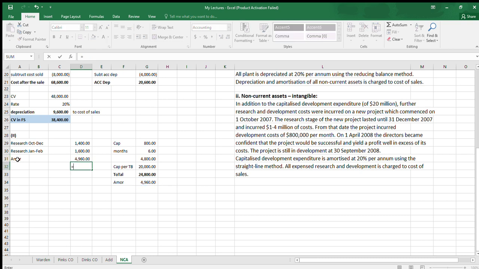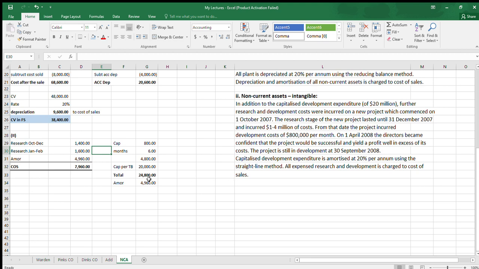So this is the cost of sales figure: the amortization and the expensed research and development.